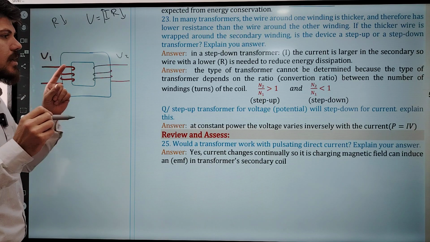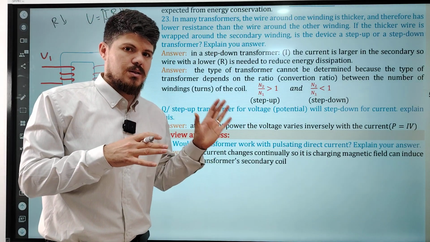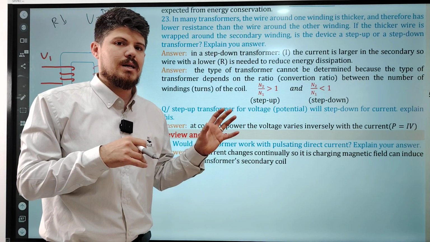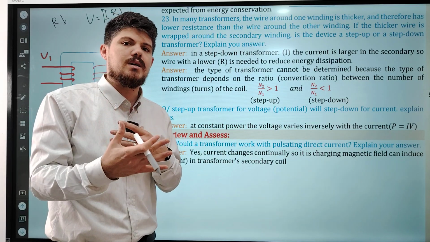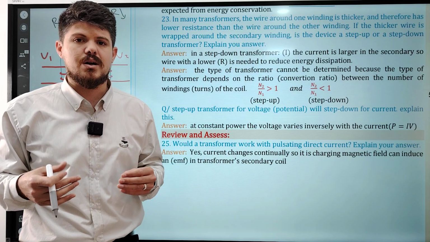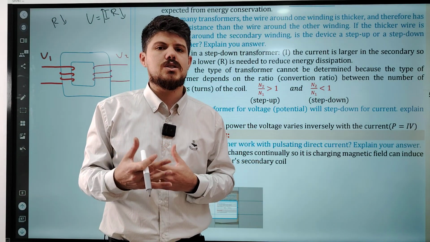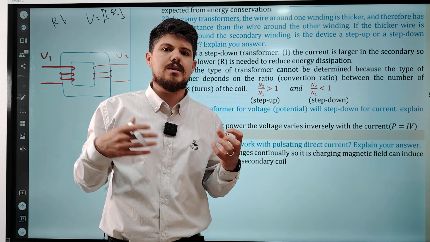But according to the last update of this book, this question should be answered: No, you cannot find the type of the transformer by the thickness or thinness of the wire. But actually, you can find it, because there is a change in the current between the primary and the secondary coil.